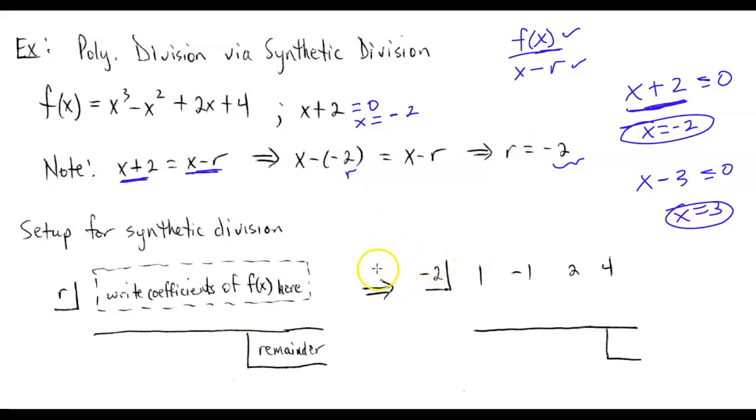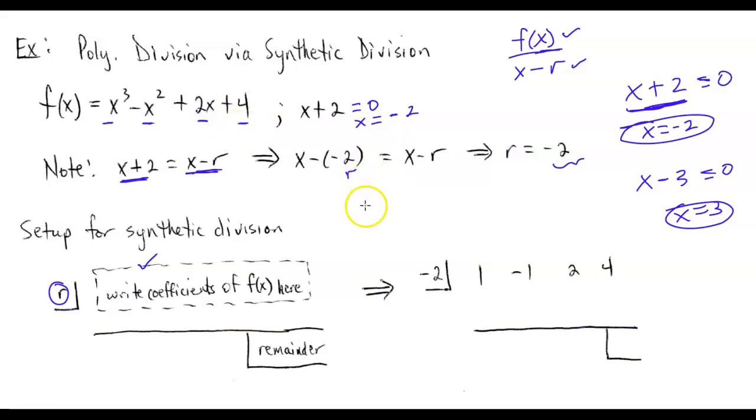So we see here that where we place our 0 is going to be here in this synthetic division setup. We're going to write all of our coefficients of our polynomial f of x in order. And so what I mean by in order is we write the coefficient for the x cubed, then for the x squared, then for the x, and then for the constant terms.